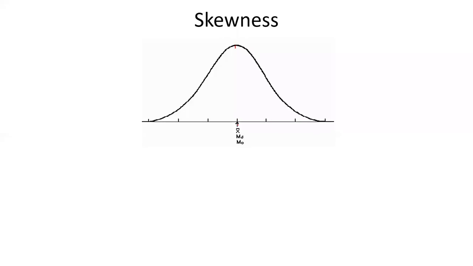My mean, median, and mode, X bar, median, and mode are exactly in the middle, and they are all equal. Symmetrical means on both sides, left and right of the median, my data is exactly the same, as if we have put a mirror here. If I put a mirror in the center, both sides give me the same. This is symmetrical. We call it symmetric.